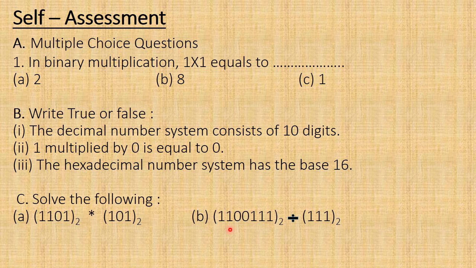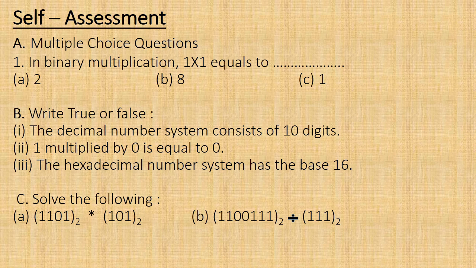Number 1, the decimal number system consists of 10 digits. Number 2, 1 multiplied by 0 is equal to 0. And third one, the hexadecimal number system has the base 16.